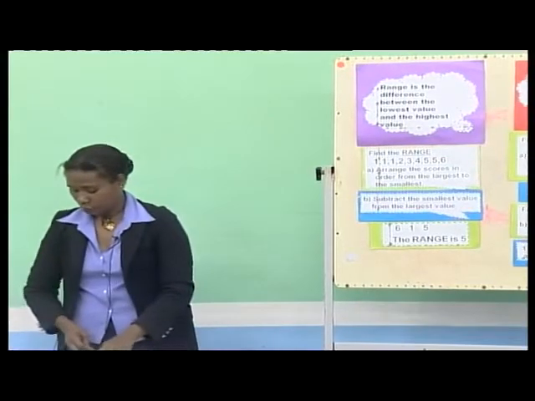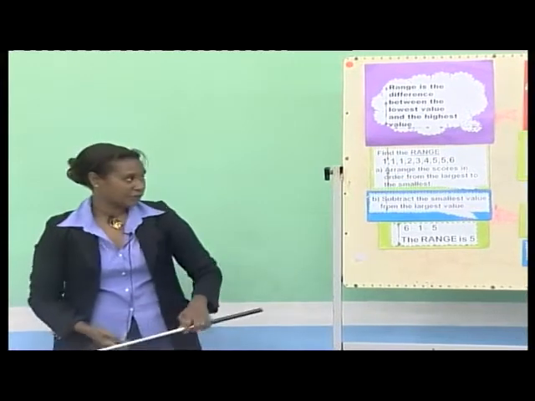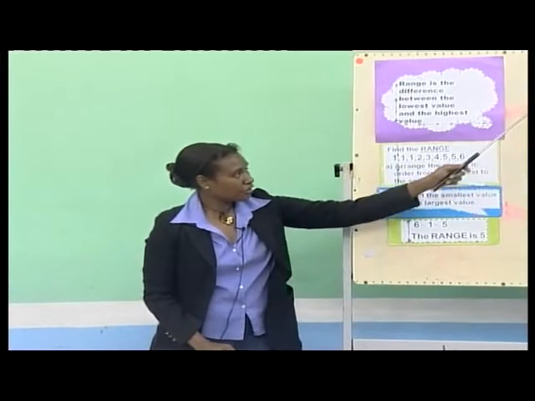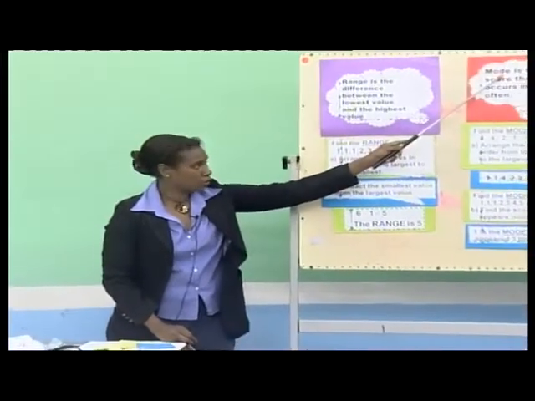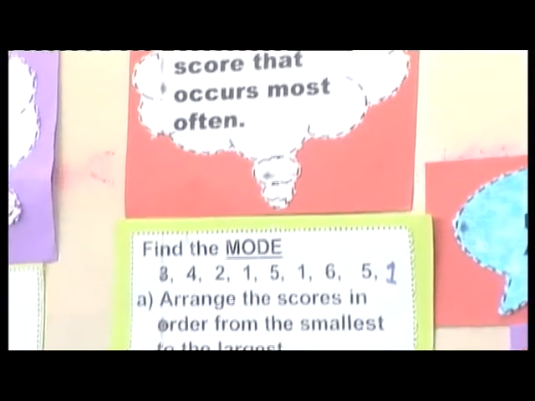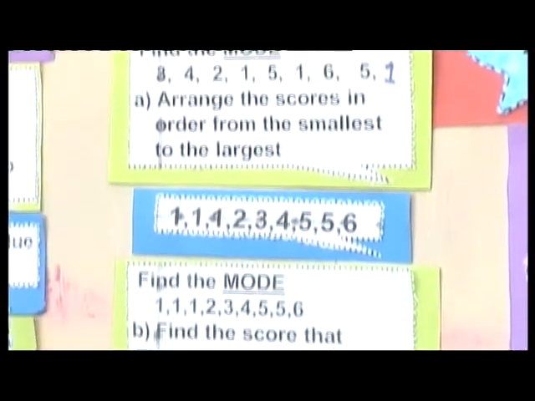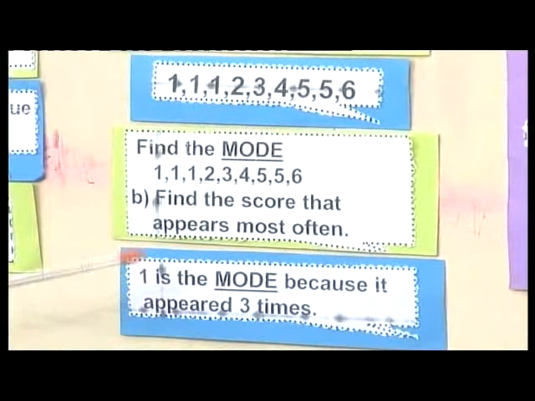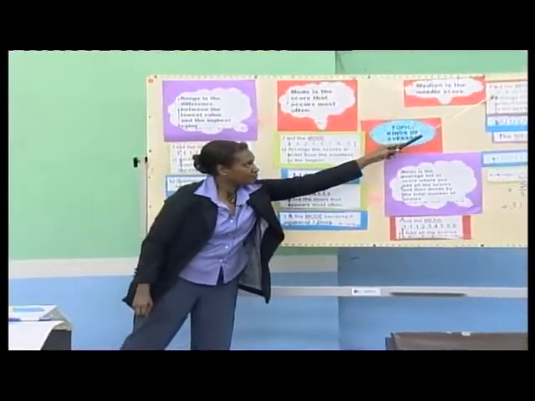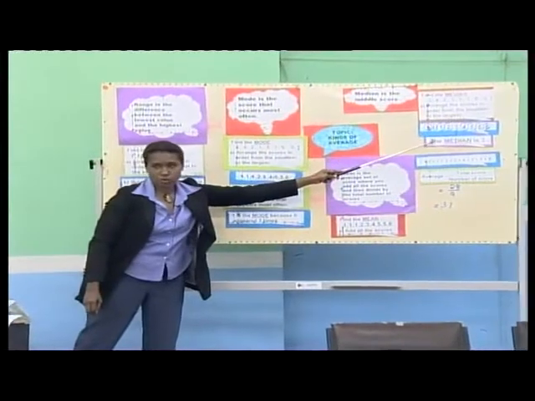So we have just now completed our learning activity. So I will just run through again. Firstly, we worked out the mode. And these are the steps to follow when we try to work out the mode. Then we went on by working out the median, the middle number of these scores.